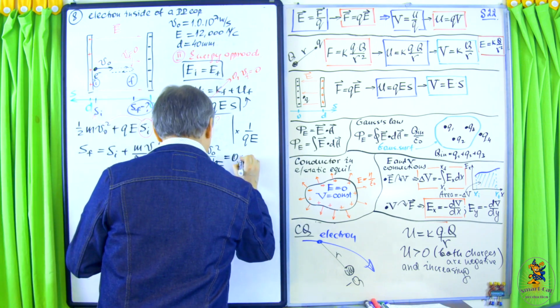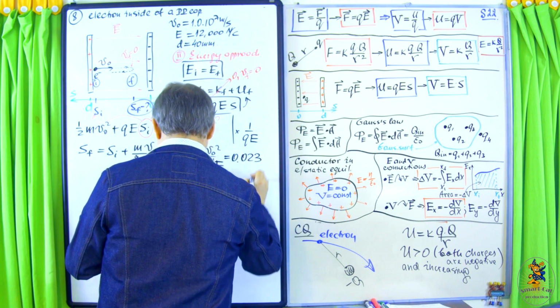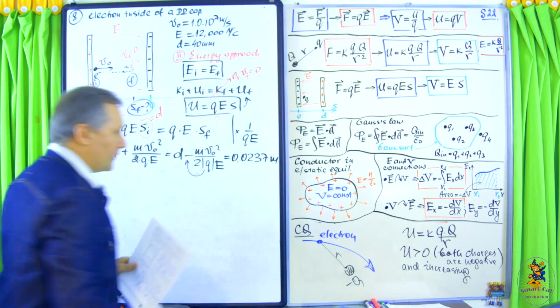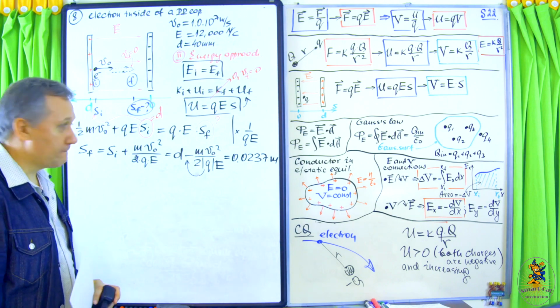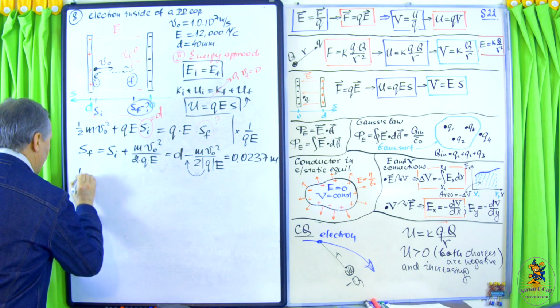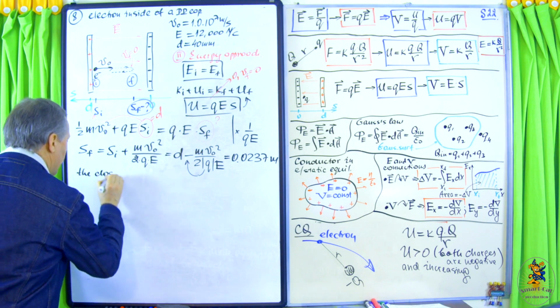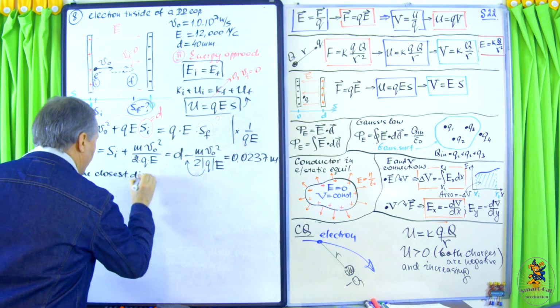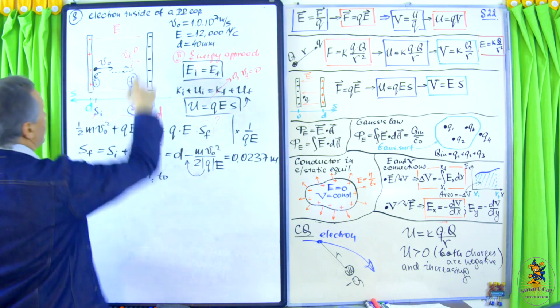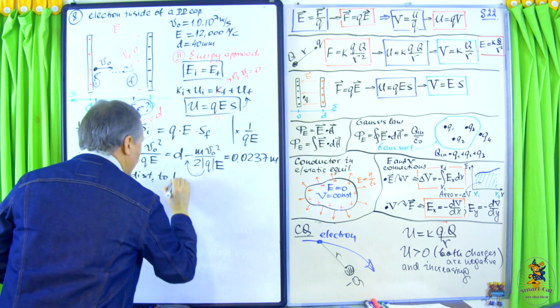So it's 0.023. Okay, maybe some additional sig figs. And then the closest distance to the negative electrode.